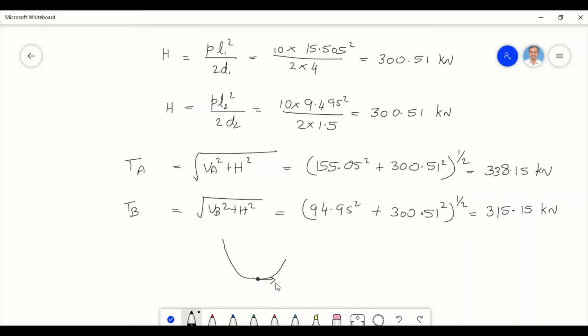So this value will be equal to H. So the value of minimum tension in cable will be equal to the horizontal force. In our case, the horizontal force is 300.51. So this is the value of minimum tension in the cable, and the value of TA gives the value of maximum tension in cable.